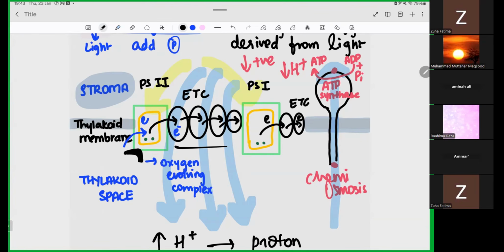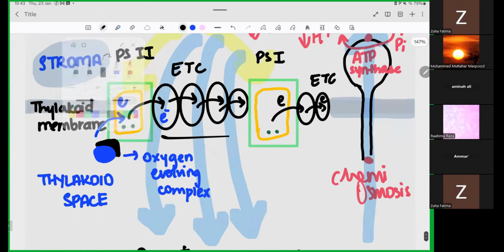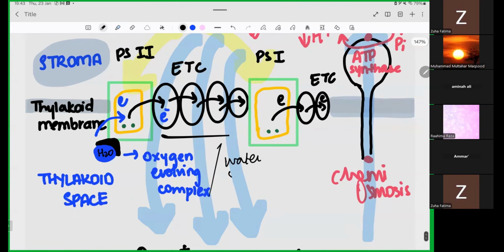There has to be a water splitting complex. There has to be an oxygen evolving complex with which the water molecule would bind. So let's say this is the water molecule. It attaches or binds with the oxygen evolving complex or the water splitting complex.